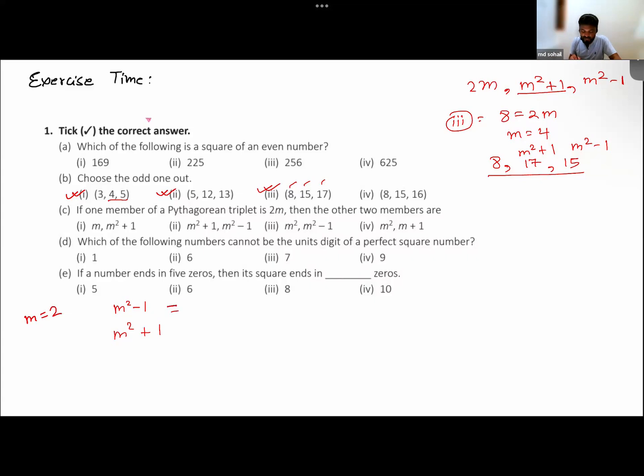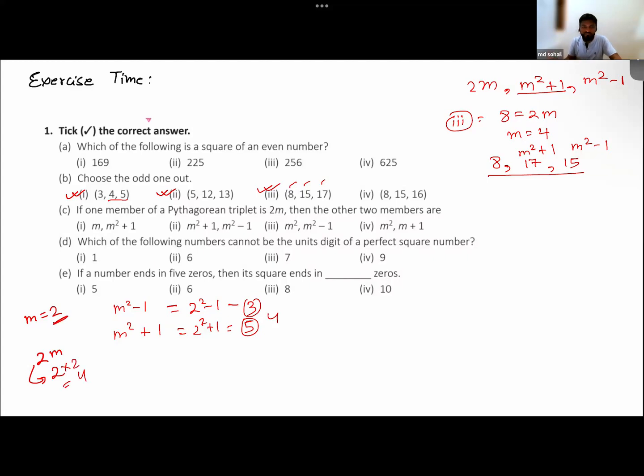You would have got 2 square minus 1, that gives you 3, and 2 square plus 1, that would have given you 5. And for 2m, if the value of m was 2, 2 multiplied by 2, you are getting 4. So the first one is also not the odd one.